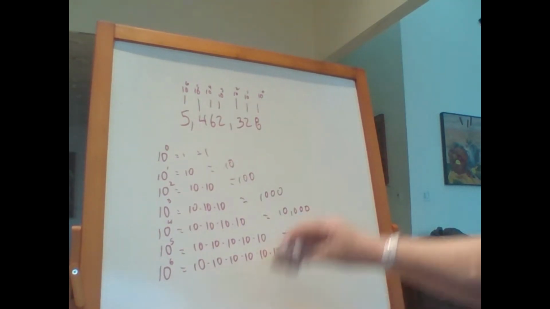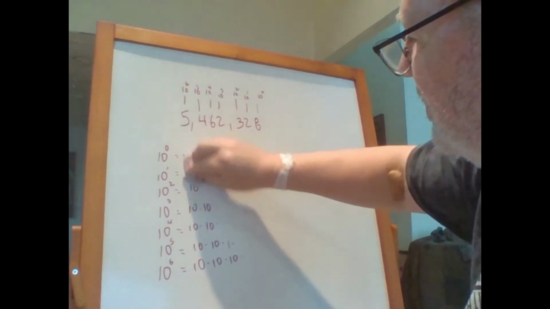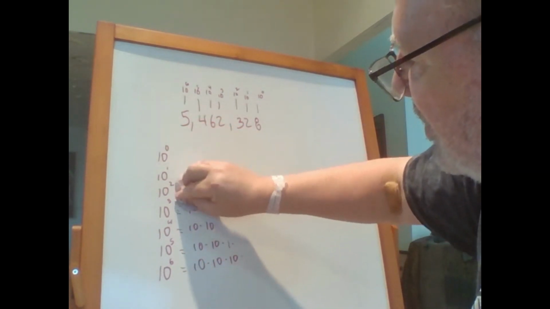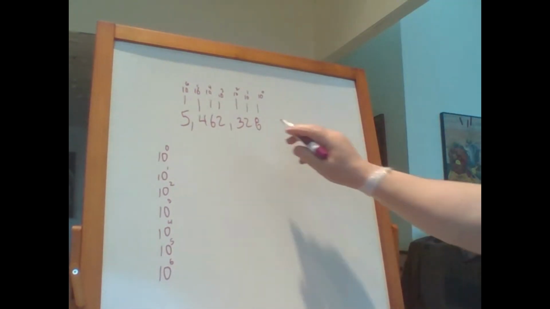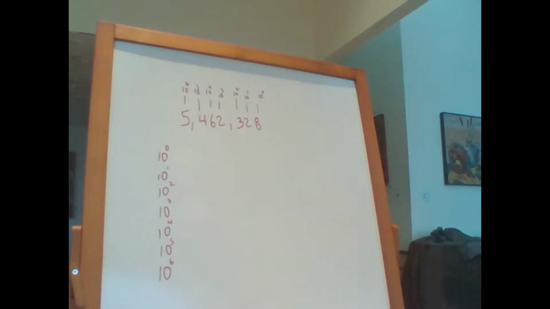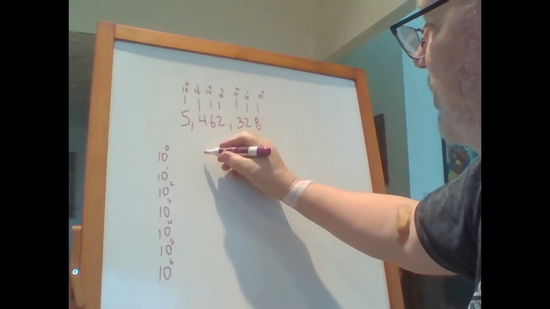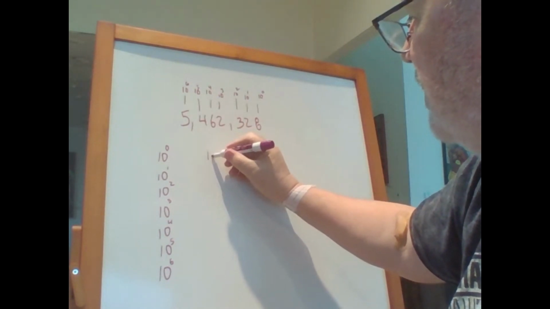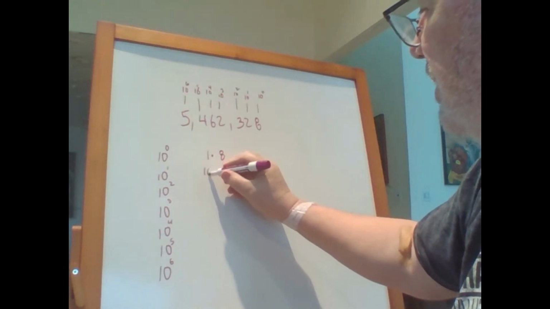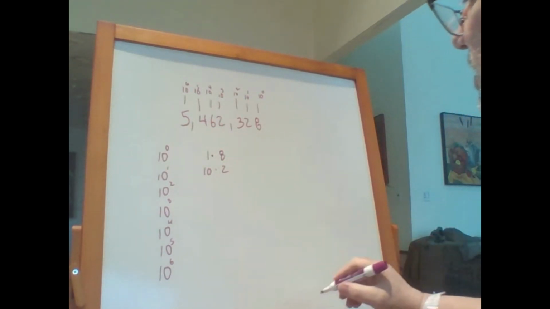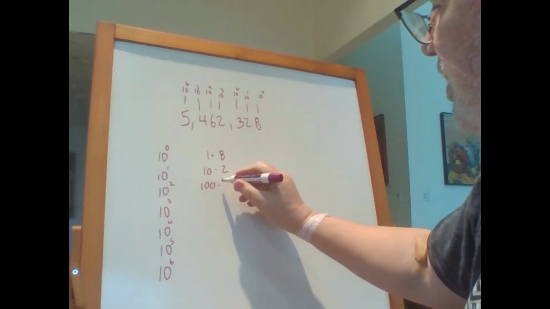So if we write out that column, as we did, each number here gets multiplied by that number there. So we have 1 times 8. Here we have 10 times 2. Here we have 100 times 3.